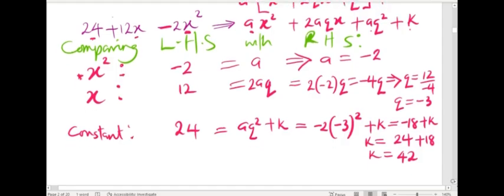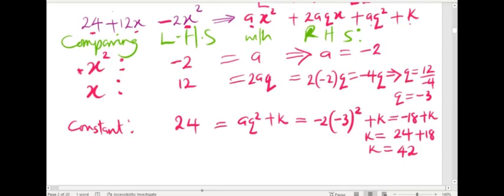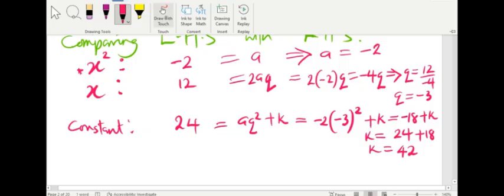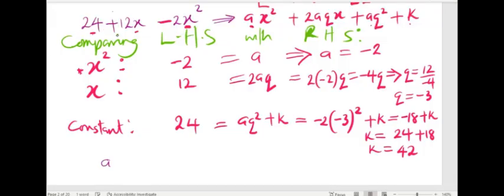So we have it: a is equal to minus 2, q is equal to minus 3, and k is equal to 42.